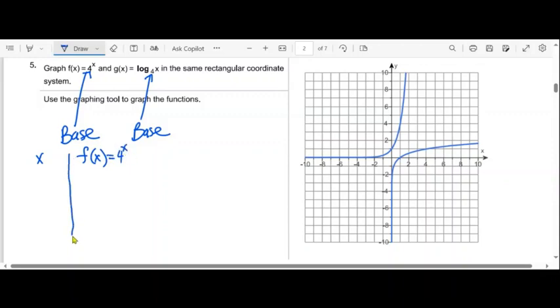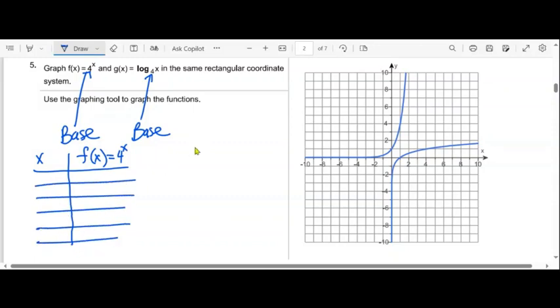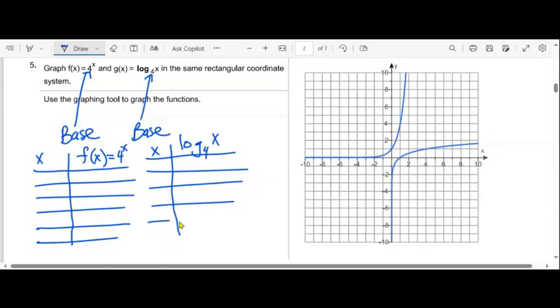Then you make the table and put the points, and find the value of each. For the log it's the same thing. But if you're doing it in MyMathLab, it's much easier.